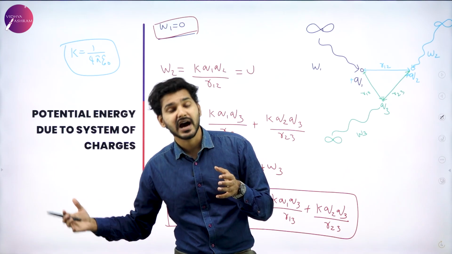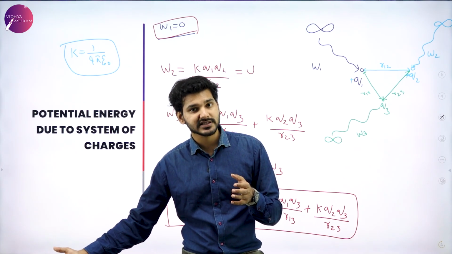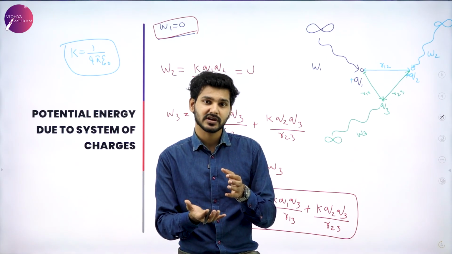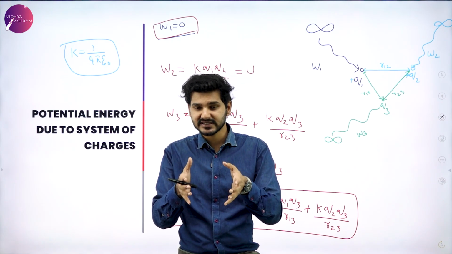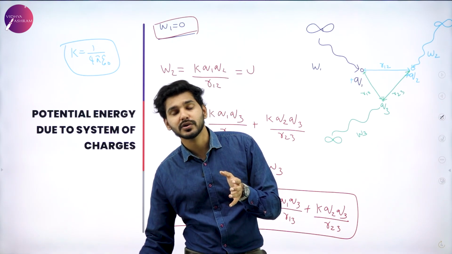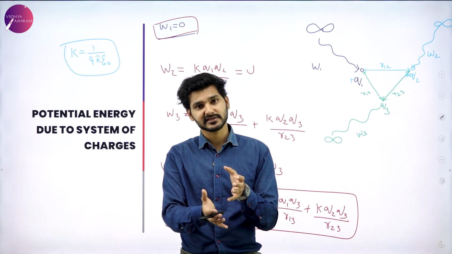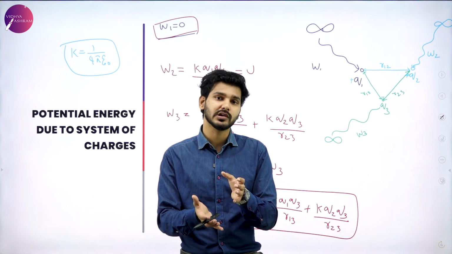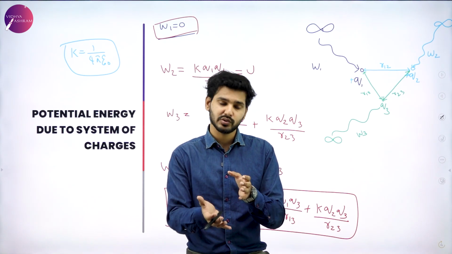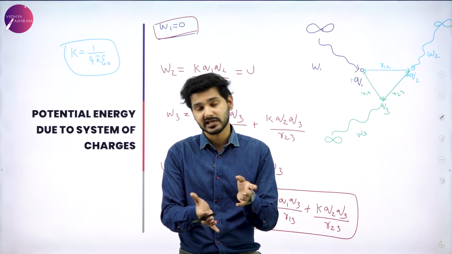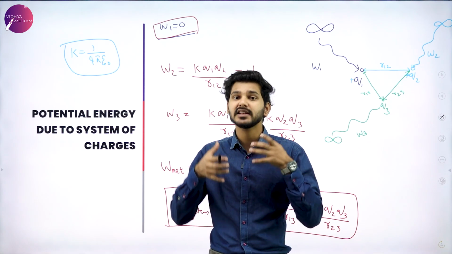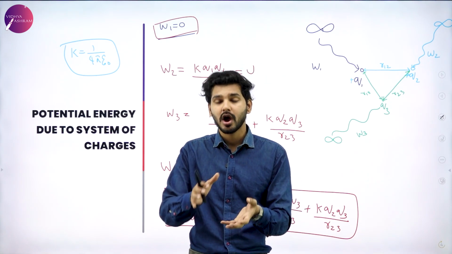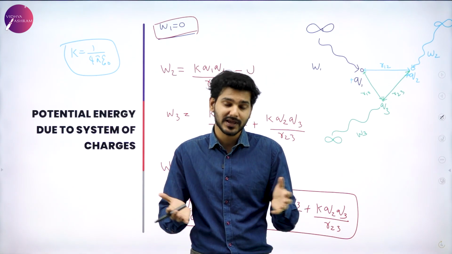So if I'm bringing another charge from another point in space to assemble this particular system, which means that already there is an energy here, we are going to add even more energy to that system. We are going to do even more work in bringing that charge to that system of two charges, which means that work is also added and stored as the potential energy of this system.